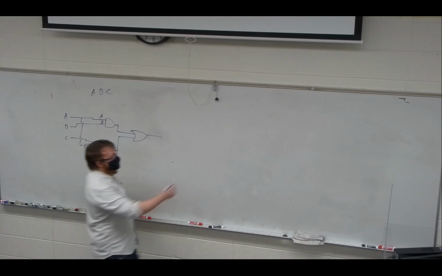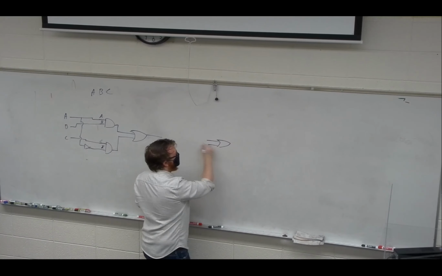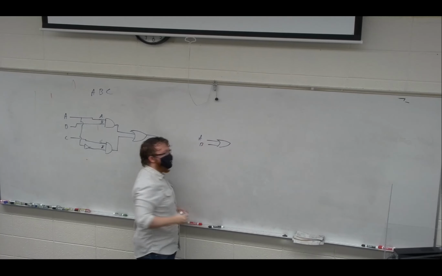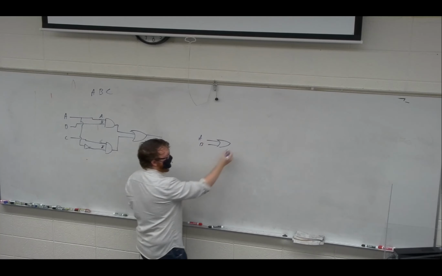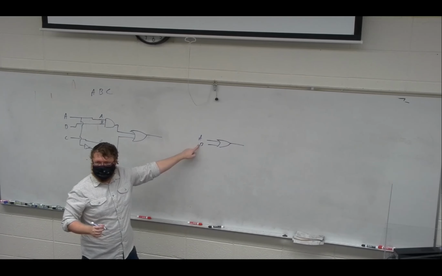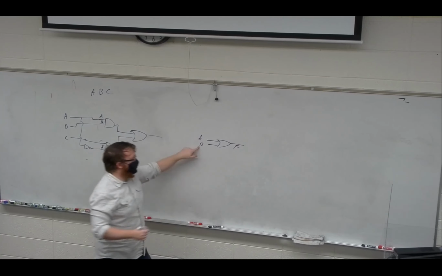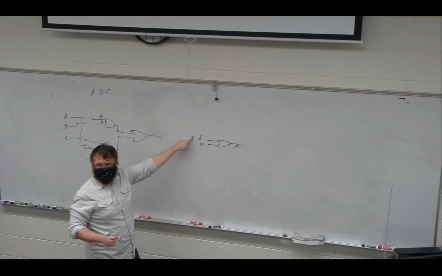Right? Because if I have an OR gate of A and B, and I wanted to test if A is working, and B was 1, what is the output if B is 1 and A is 0? 1. What is the output if B is 1 and A is 1? 1.